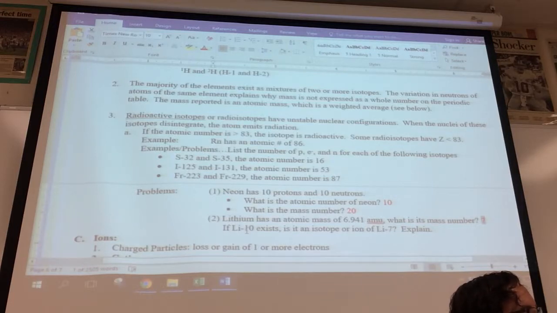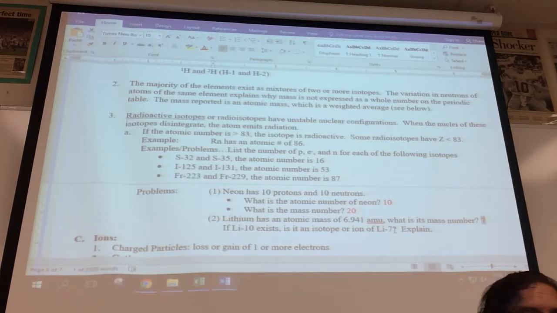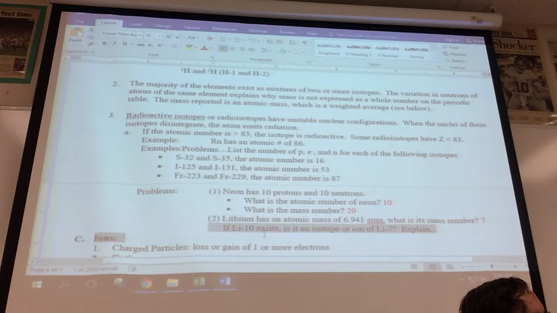Good. If lithium-10 exists, is it an isotope or an ion of lithium-7? Jenna, what do you got? What was the question? It's right here. It says if lithium-10 exists, is it an isotope or ion of lithium-7?